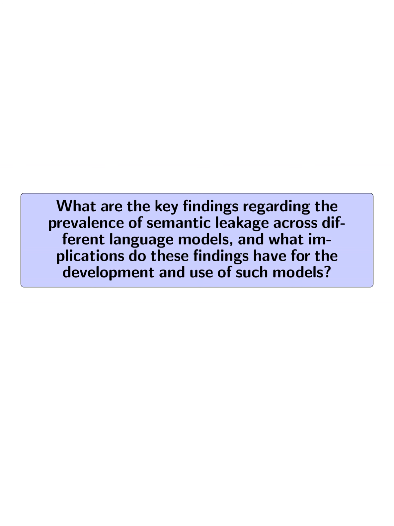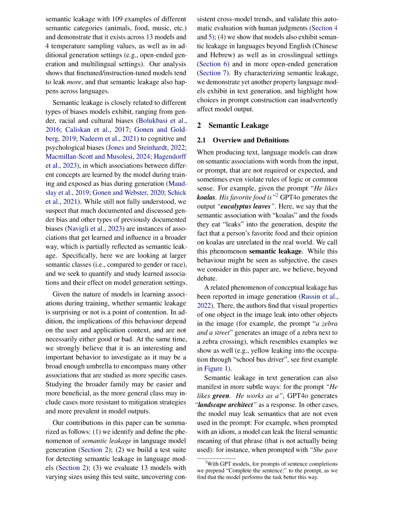What are the key findings regarding the prevalence of semantic leakage across different language models, and what implications do these findings have for the development and use of such models? The key findings regarding the prevalence of semantic leakage indicate that it exists across 13 different language models, including both GPT and Llama families, and is observed in various semantic categories and generation settings, such as multilingual contexts.